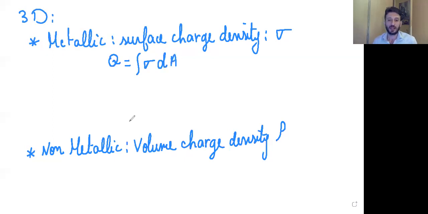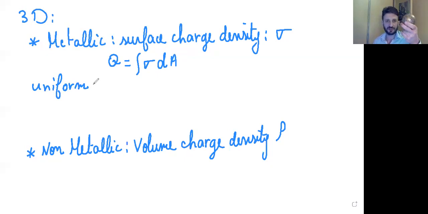Okay, and now it depends on the object. Maybe sigma is uniform or non-uniform. For example, in the case of uniform, I take an example of a sphere.